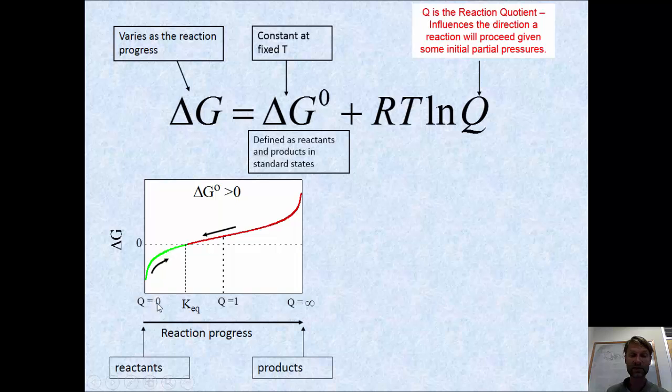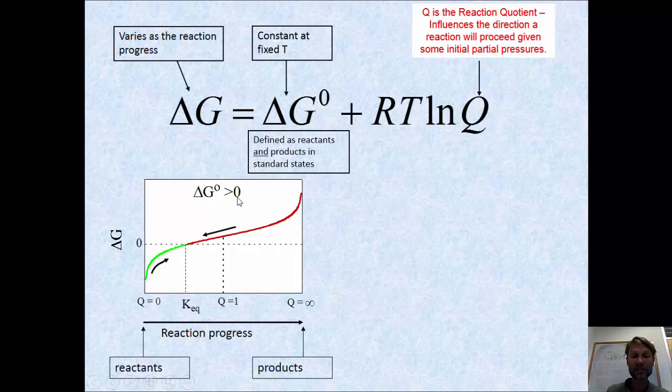So if the products are 0 and the reactants are whatever they are, starting conditions, the value of Q is going to be 0. Whereas when we have all products, we would have a number over the amount of reactants, which is 0, so 1 over 0 is infinity. Somewhere in the middle is where Q equals 1, where both the reactants and products are starting out at 1 atmosphere. In this case, the reaction is non-spontaneous.